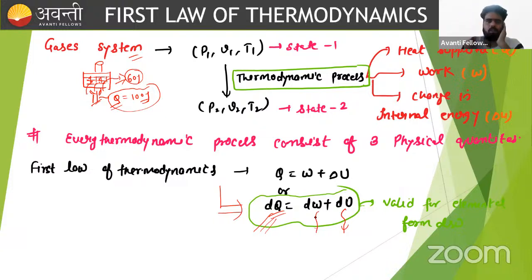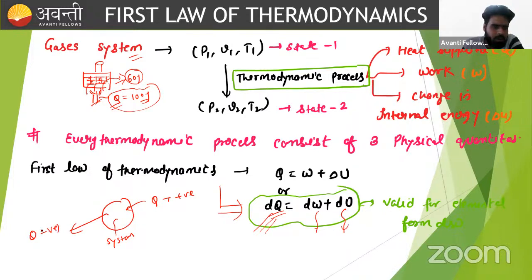Okay. One more thing we have to keep in mind: in thermodynamics, whenever heat is supplied to the system, it is always taken positive. It increases the internal energy of the gas. Whenever heat is rejected from the system, it is considered negative, it must have a negative sign.